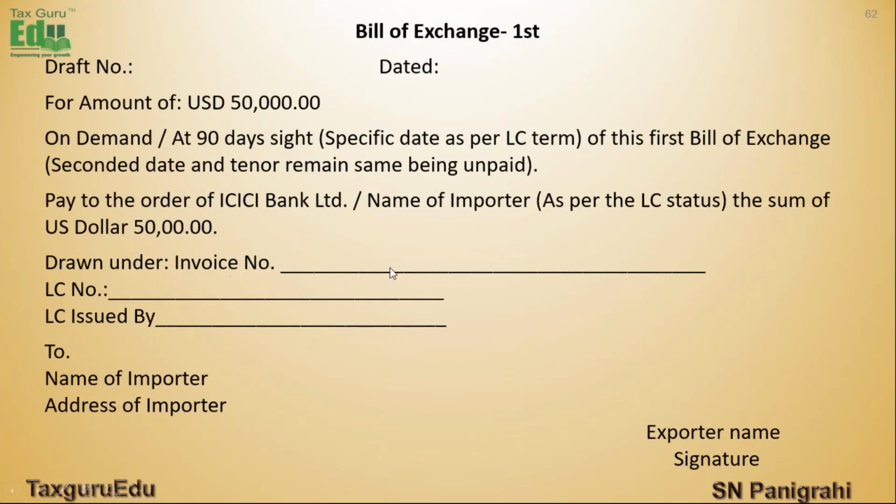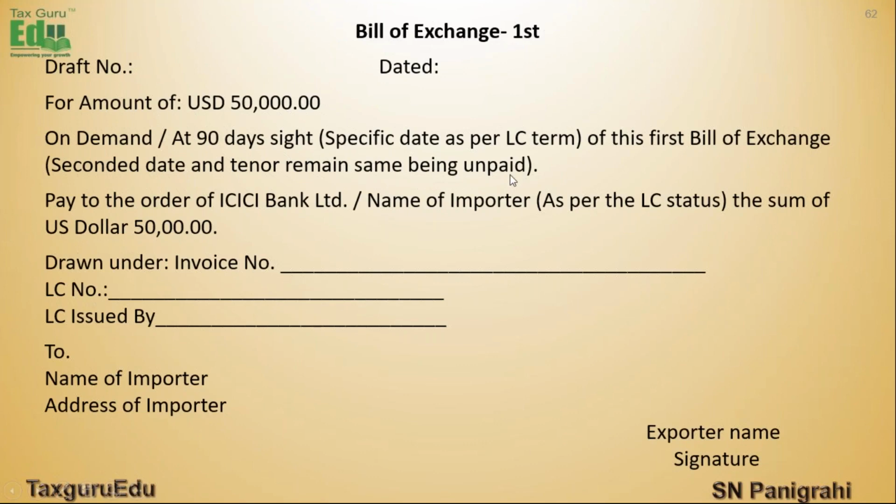This is a sample bill of exchange. You give the draft number, the LC number, the date, and the amount. On demand, at 90 days sight, for example, you specify the date of the LC, on the first bill of exchange, and you send 2 copies. The first and second have the same date and tenor.